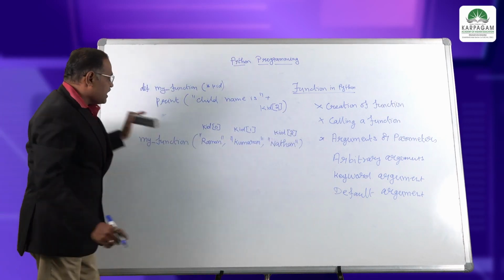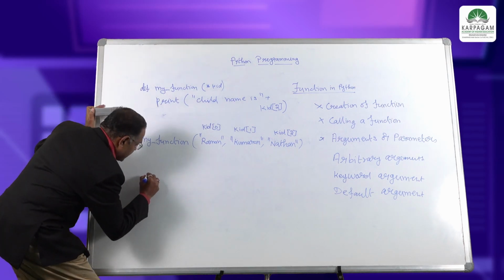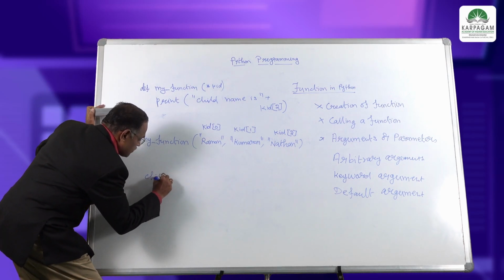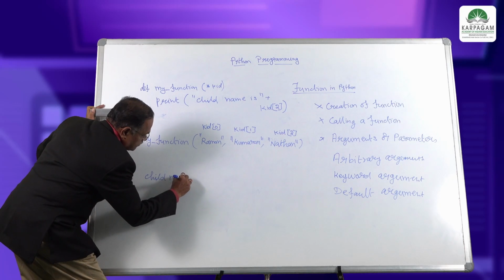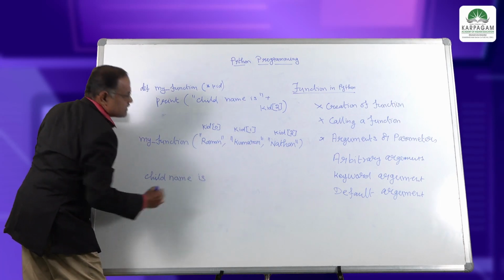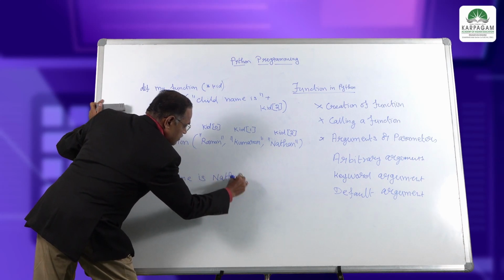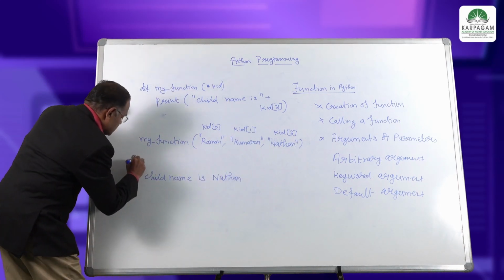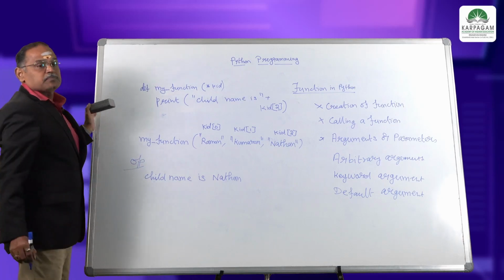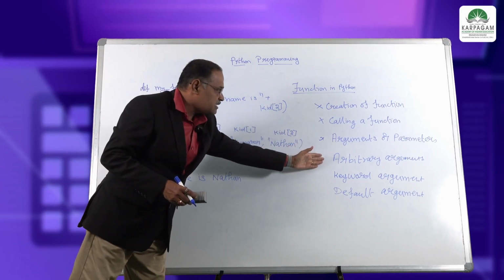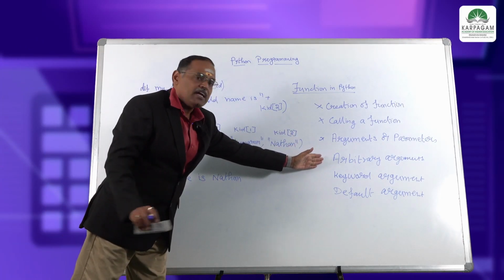My output will be: child name is Nathan. This will be my output. This is how we use arbitrary arguments.